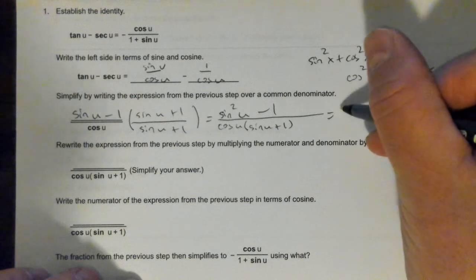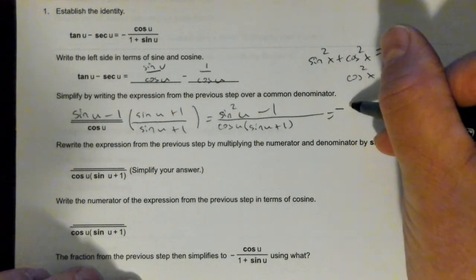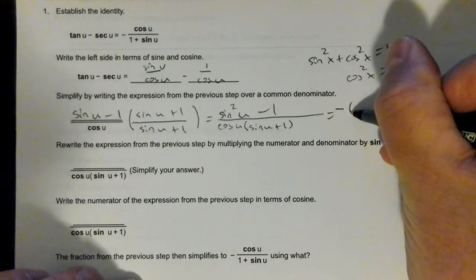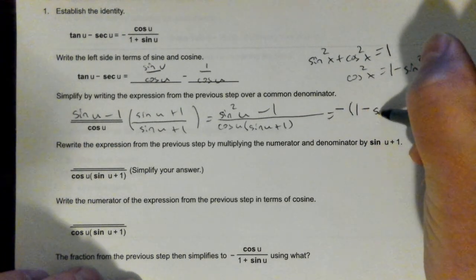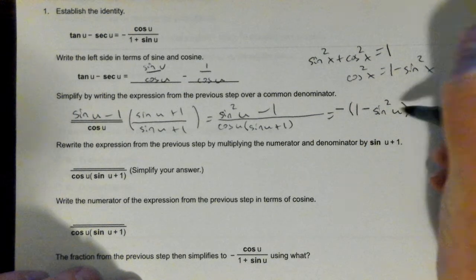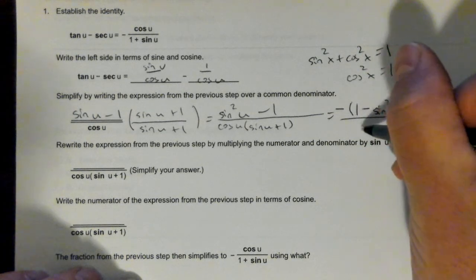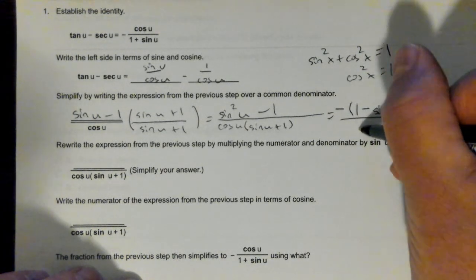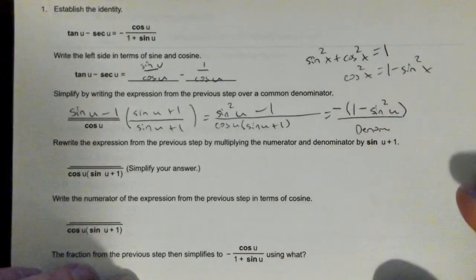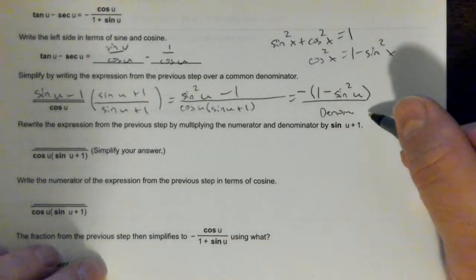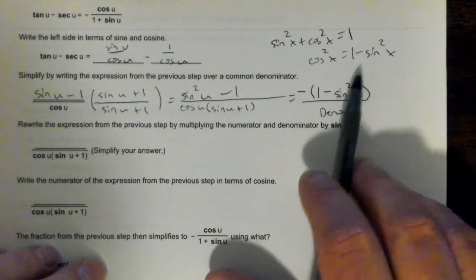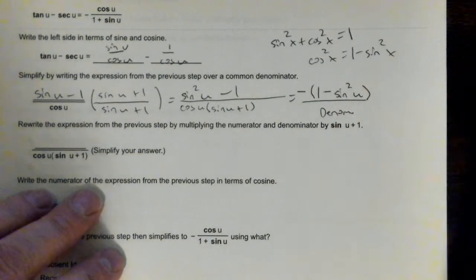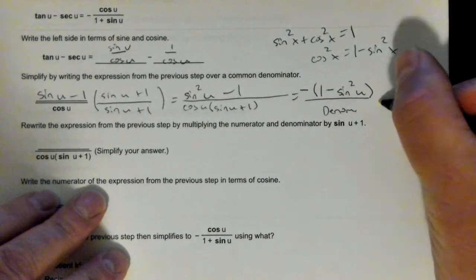So I need to factor out a negative sign and make it 1 minus sine squared u over that same denominator. I just put denom right there. And so now that it looks like it's in the same format, I just put my negative cosine squared on top.